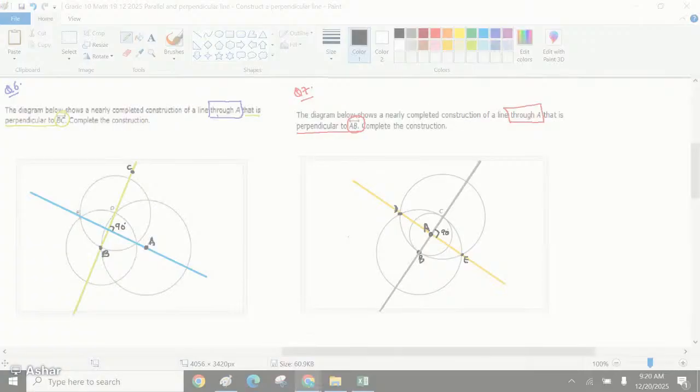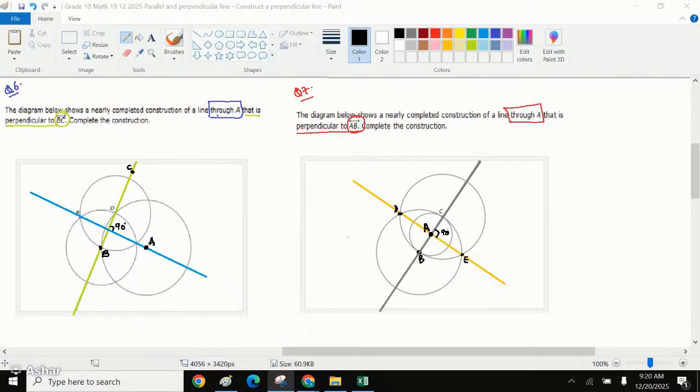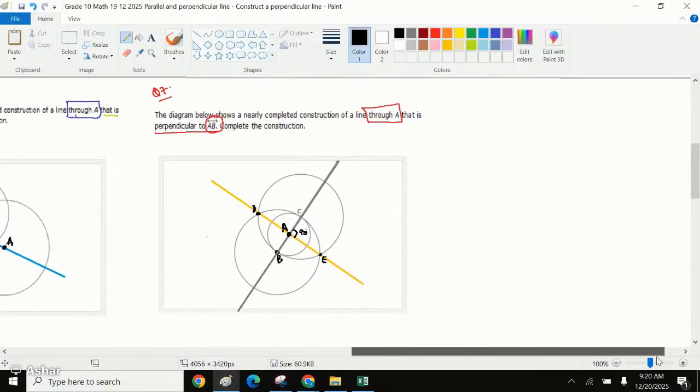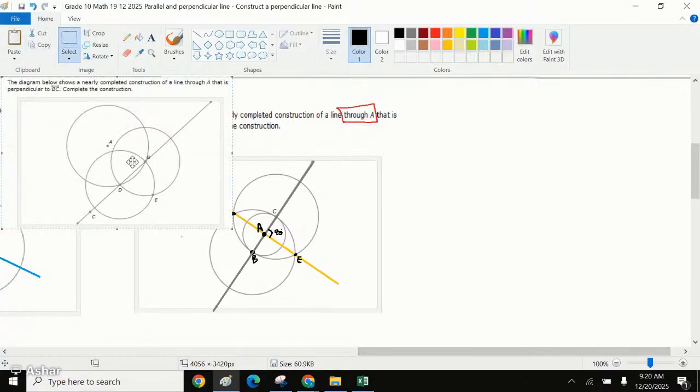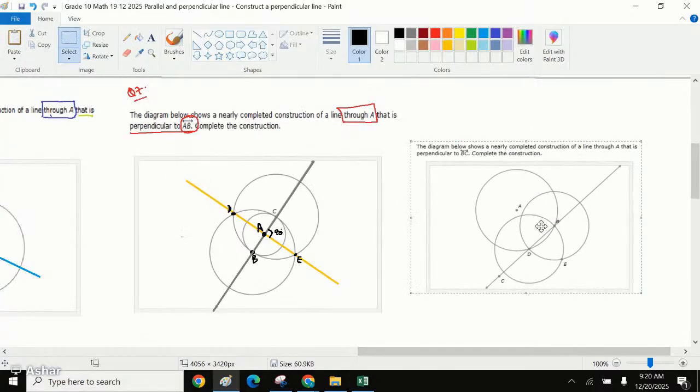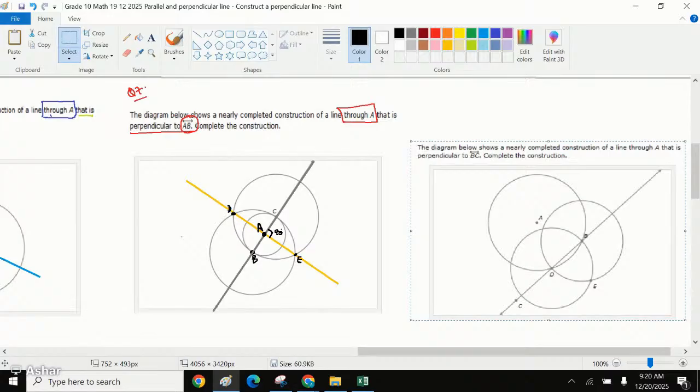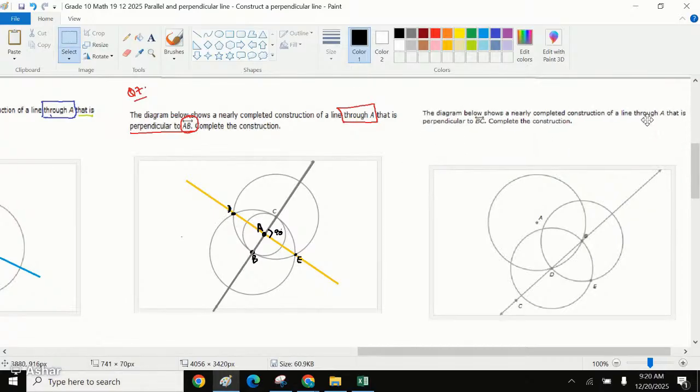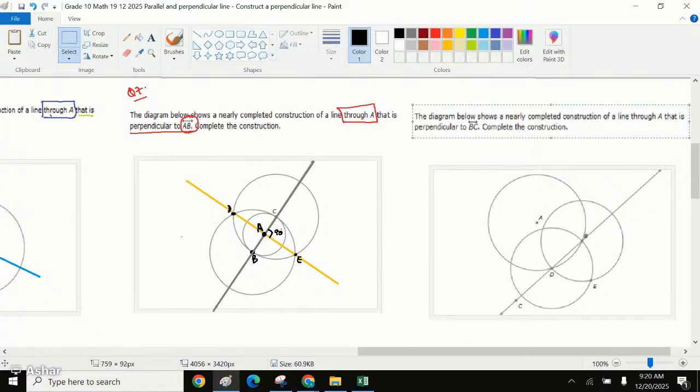So the next question, let's copy this and see what we are being asked about. If this is the diagram that is given to us, this is question number 8 for us, right?